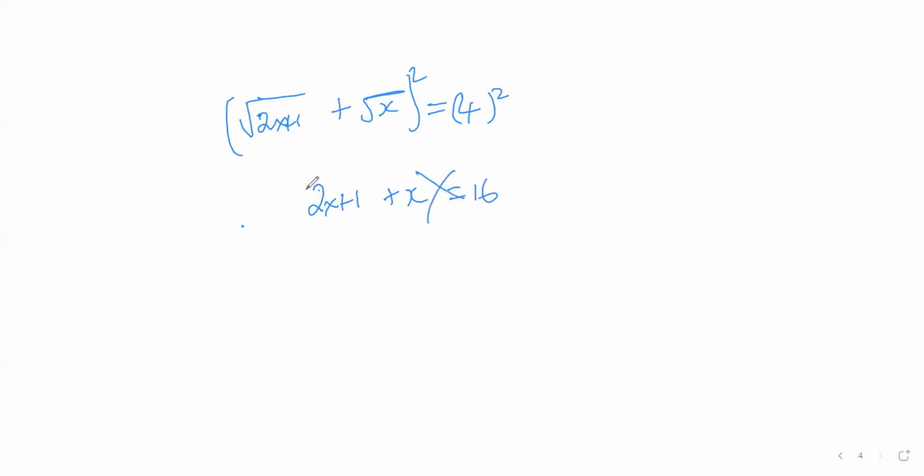Wrong, okay? Very wrong. Remember that squaring in this manner simply means square root of 2x plus 1 plus square root of x times itself.